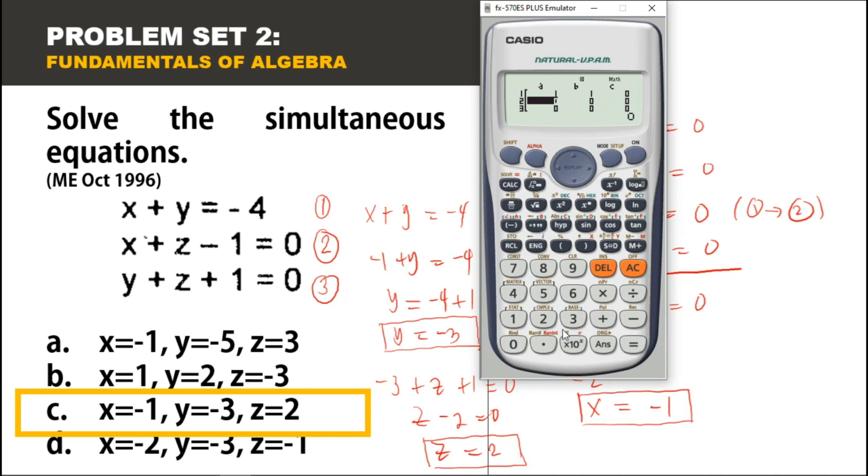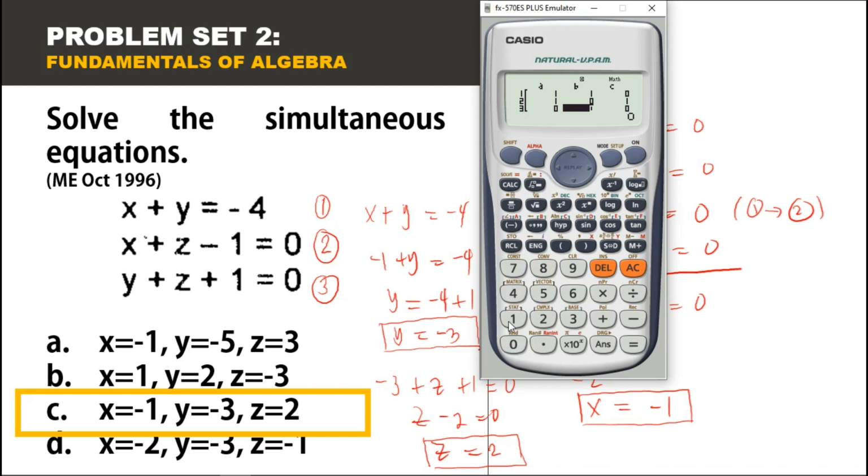For the second equation, the coefficient for x is 1. We don't have y as a variable, so that is 0. For z, you have 1. For the constant, we transpose it to the other side, so you have 1. For the third equation, you don't have x, so the coefficient is 0.